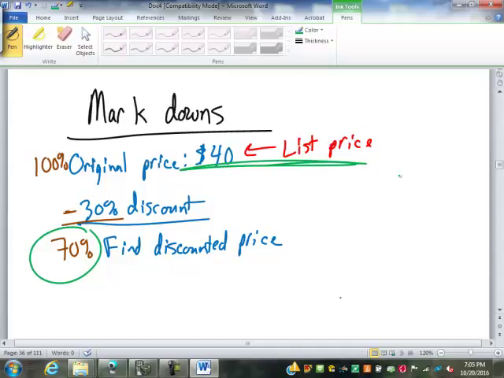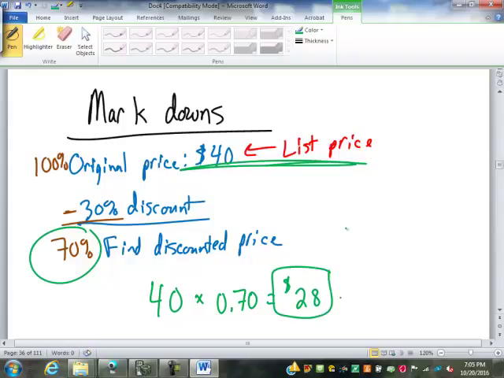Now this is something we're going to do quite regularly, so we're going to use the rate method. We're just going to take the $40 and multiply by 0.7, the complement of our discount, 0.70 if you want to do this for 70%. So that means that discounted price is going to be $28.